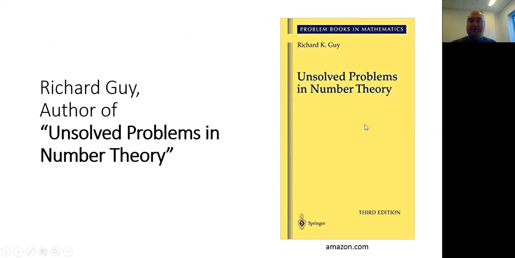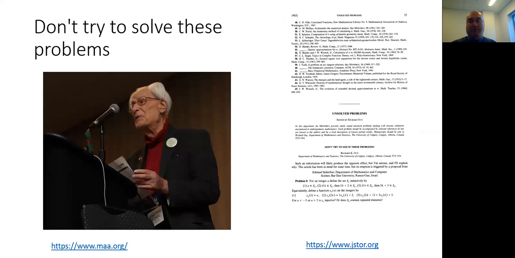Another anecdote is about Richard Guy, who is the author of this nice book, Unsolved Problems in Number Theory. He created a list of problems and published it as an article with the following recommendation: don't try to solve these problems.